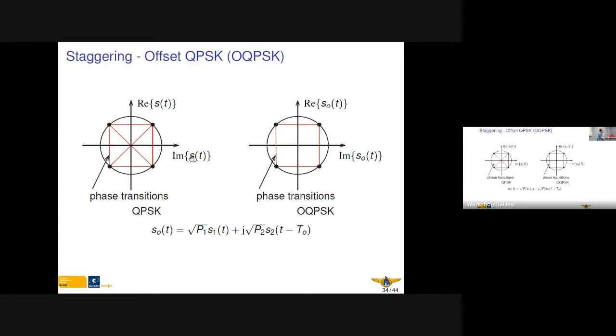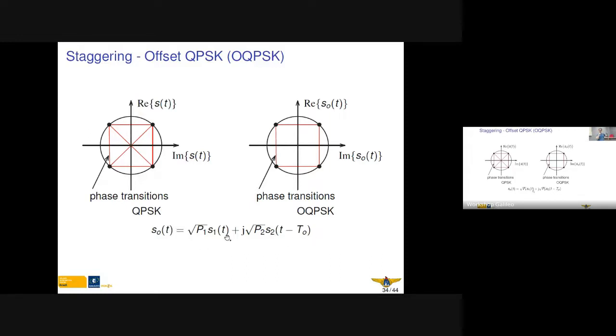If we want to avoid these transitions, there's a way of doing this. These transitions depend on the absolute bandwidth of the signal. But still, if we want to avoid these transitions, in case the signals are not binary, we can delay signal 2 with respect to signal 1 a little bit.